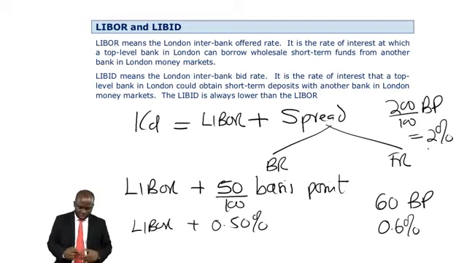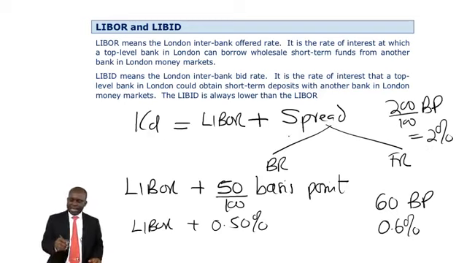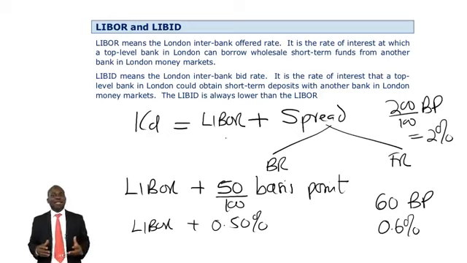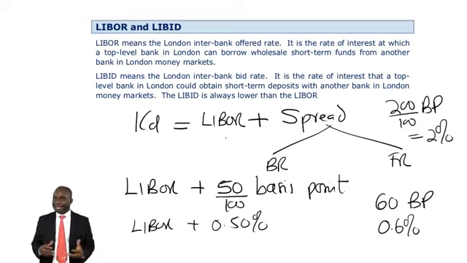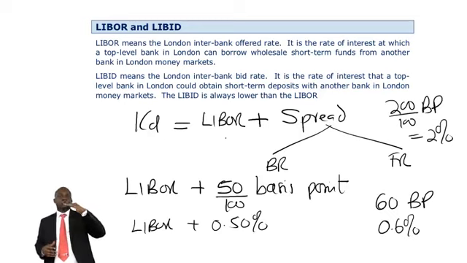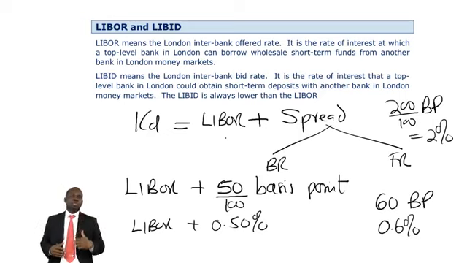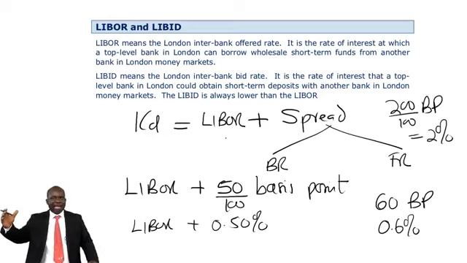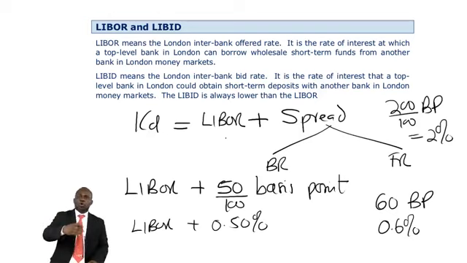Let me also illustrate something. Sometimes instead of giving you the LIBOR plus your specific spread, they might link it with what is called your credit rating. And credit rating will be used to group your company into, is it AA plus, or is it B plus, or is it C?